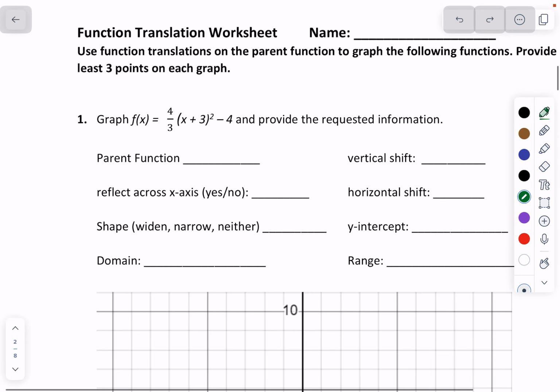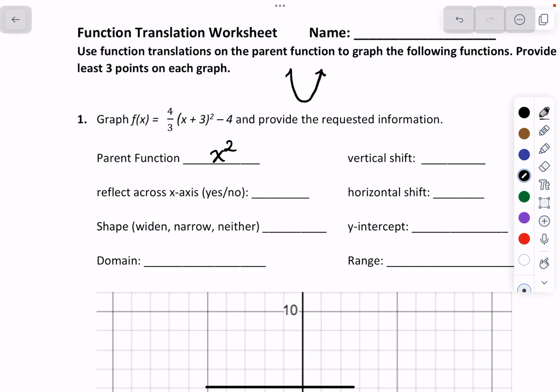the square root one. Okay, so parent function, right? That comes from basically like this squaring part. That's telling us we're dealing with something like x squared or like a parabola. So expect to see some kind of U shape. Do we have a reflection?